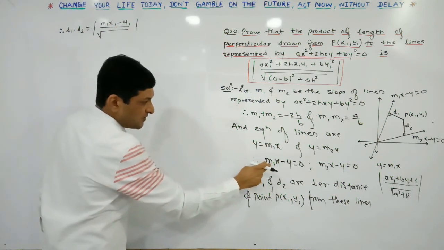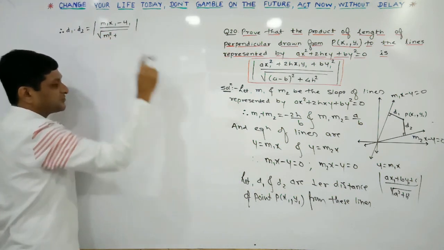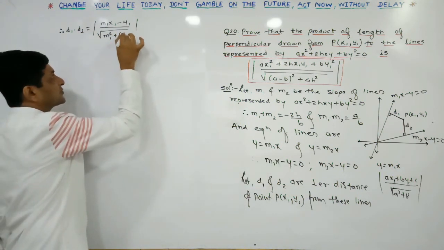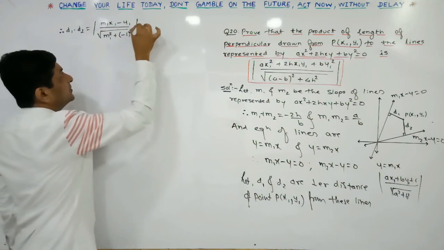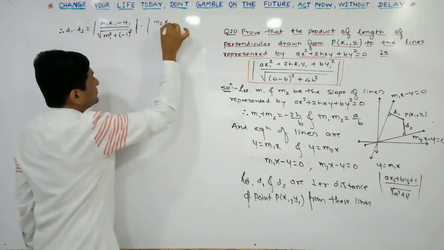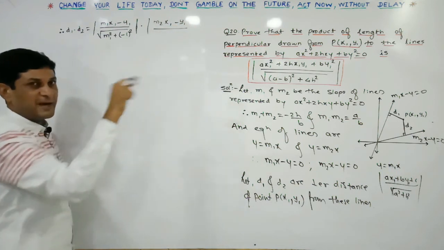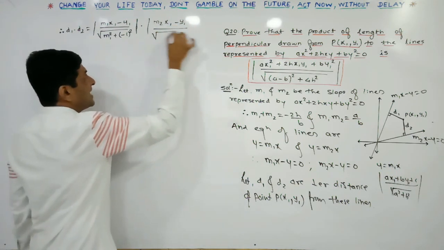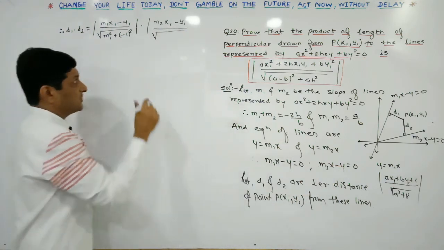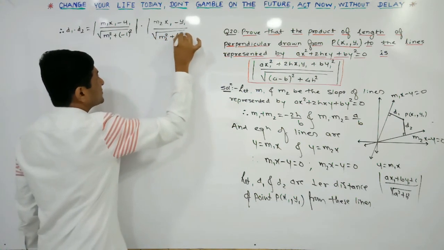Here a is the coefficient of x, which is m1, so a square is m1 square, plus b square. b is the coefficient of y, which is minus 1, so the square of minus 1, into, again, the second equation is m2x minus y, where we replace x by x1 and y by y1, divided by the square root of a square plus b square. Here the value of a is m2 and the value of b is minus 1. So here we get m2 square plus minus 1 square.